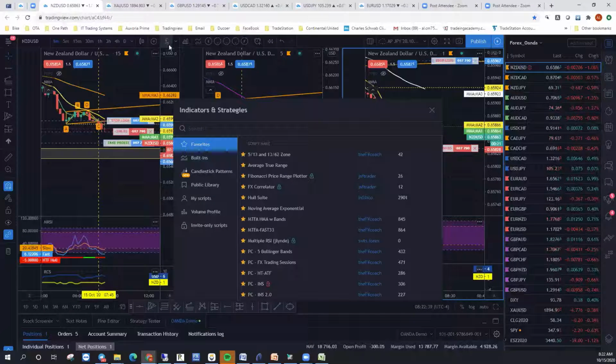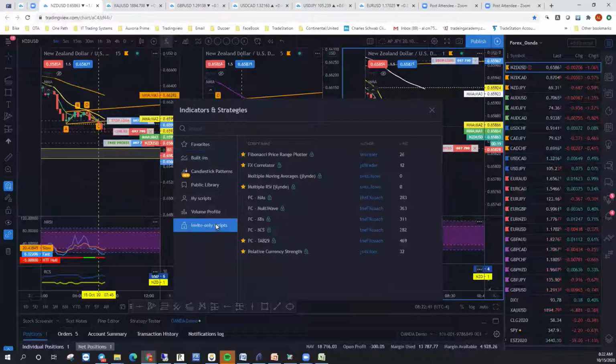Click on this little FX thing up here, click on the invite only, and you should see it right here with the green padlock. If you don't see this, open a clean chart and try to add it. Let's see if you have a clean chart. We were having problems with it showing up.